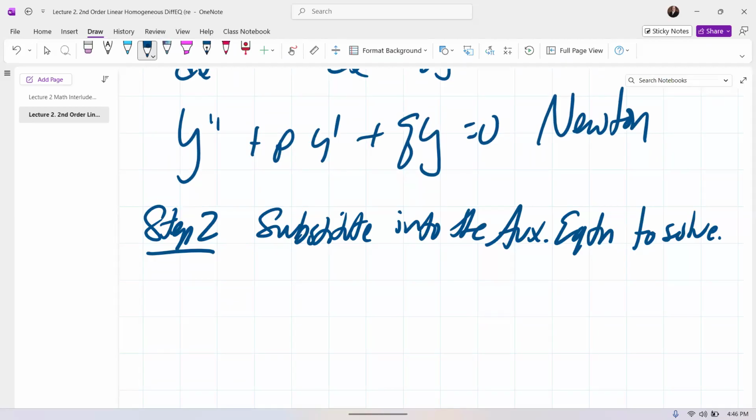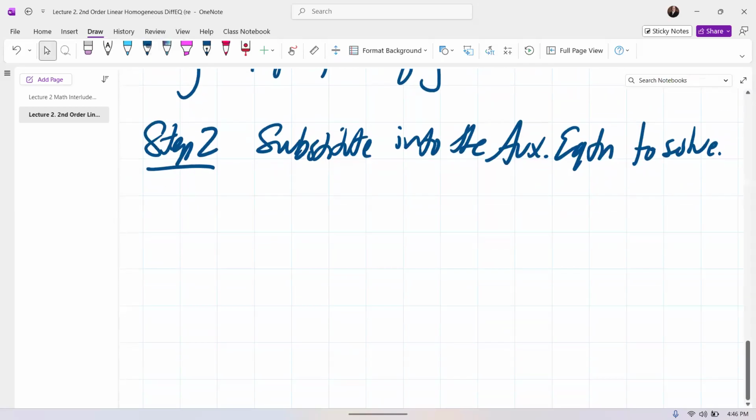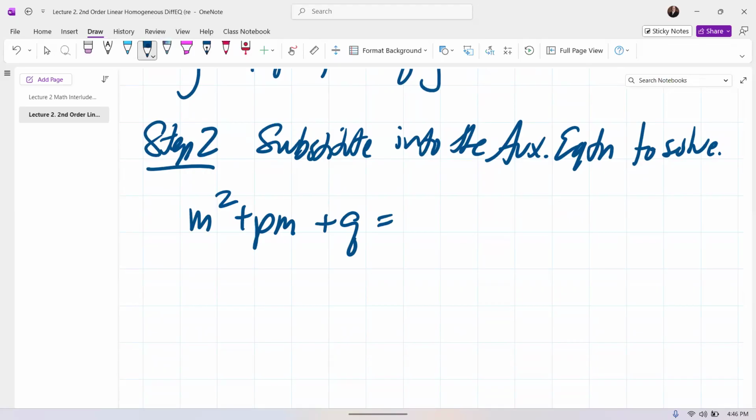Remember when you learned how to solve the quadratic equation in high school, you realized that there are two roots, right? Because you had the x squared term, so there are going to be two different parts of this. So it's going to be like this: m squared plus pm plus q equals 0. Remember, we just solved for p and q. This is the auxiliary equation.